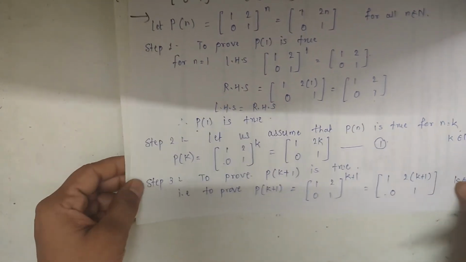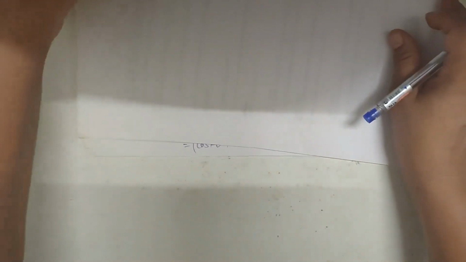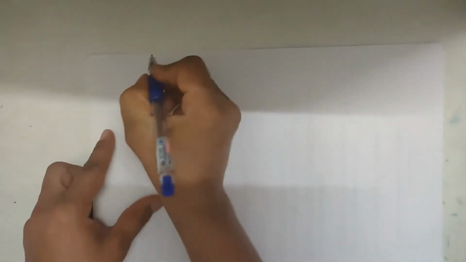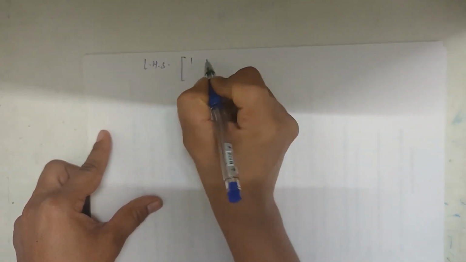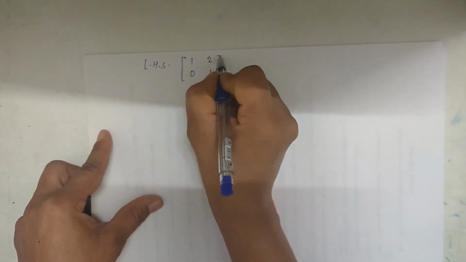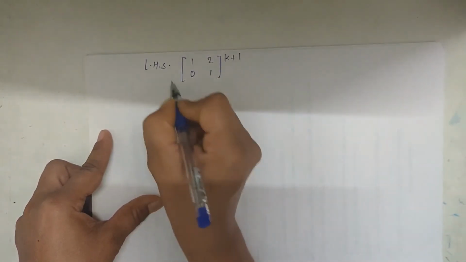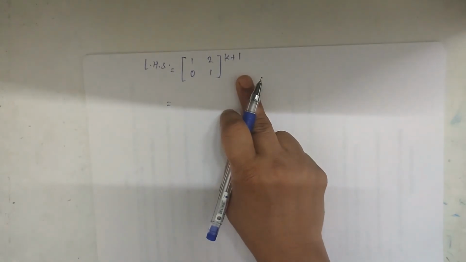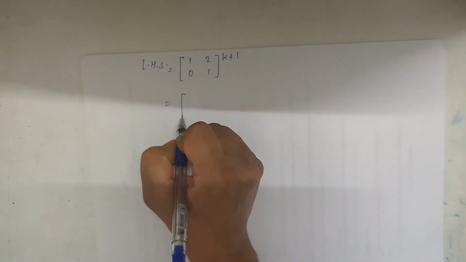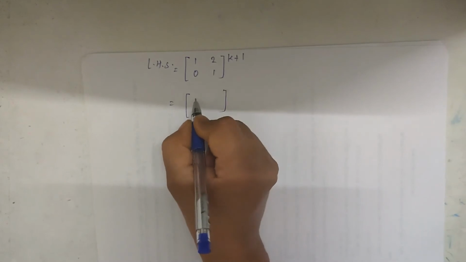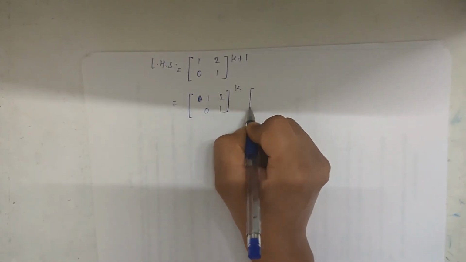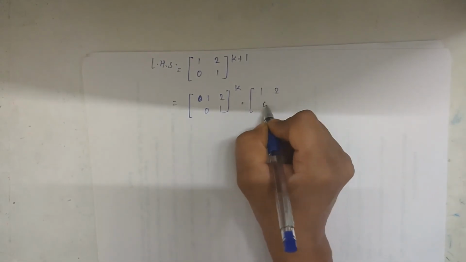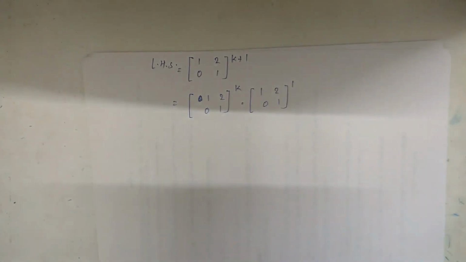So consider LHS. LHS of the given statement is 1, 2, 0, 1 raised to k plus 1. Students, here by using rules of indices, we can write, separating the index of the given matrix, 1, 2, 0, 1 raised to k into 1, 2, 0, 1 raised to 1.